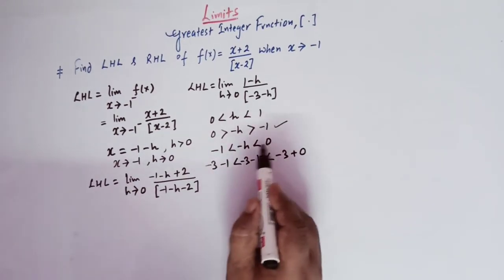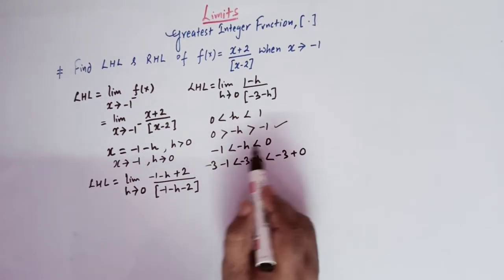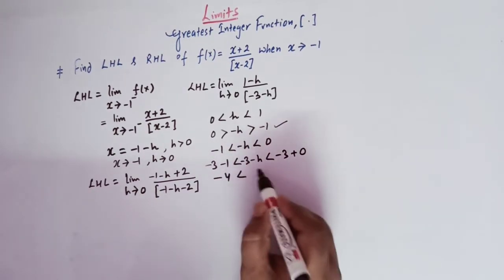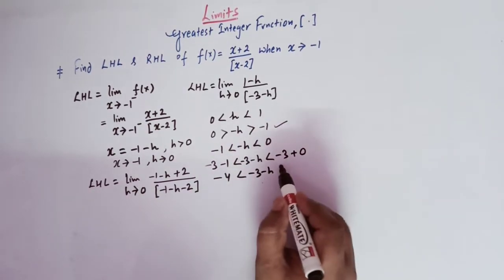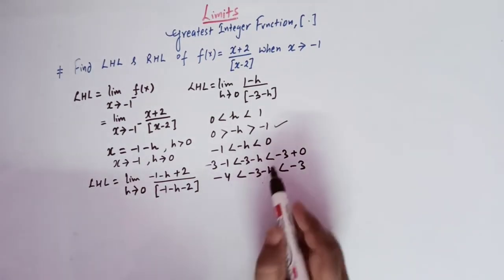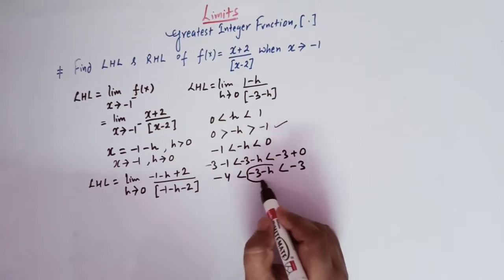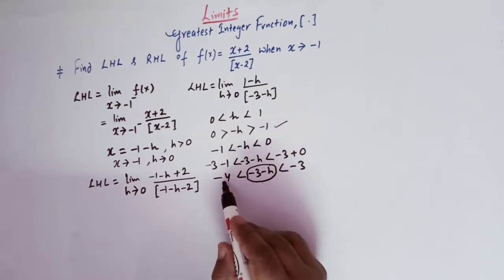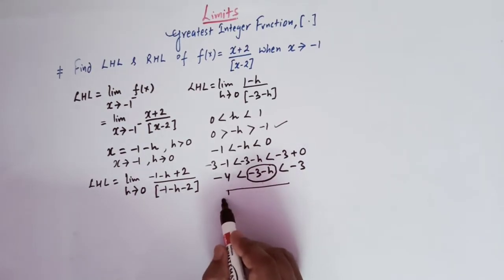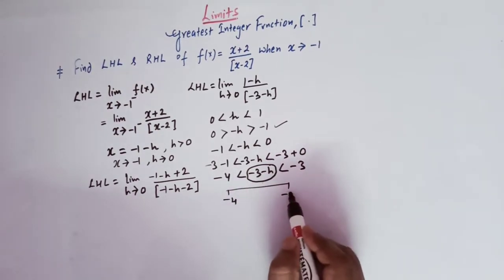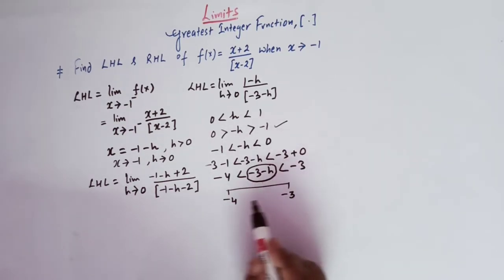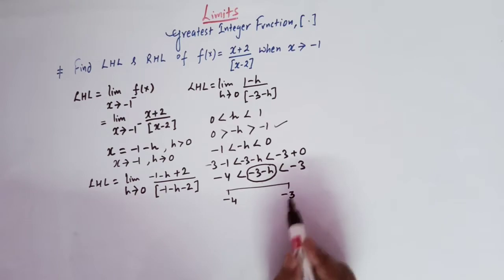So we'll have minus 4 here, minus 3 minus h, and minus 3. So minus 3 minus h lies between minus 4 and minus 3.